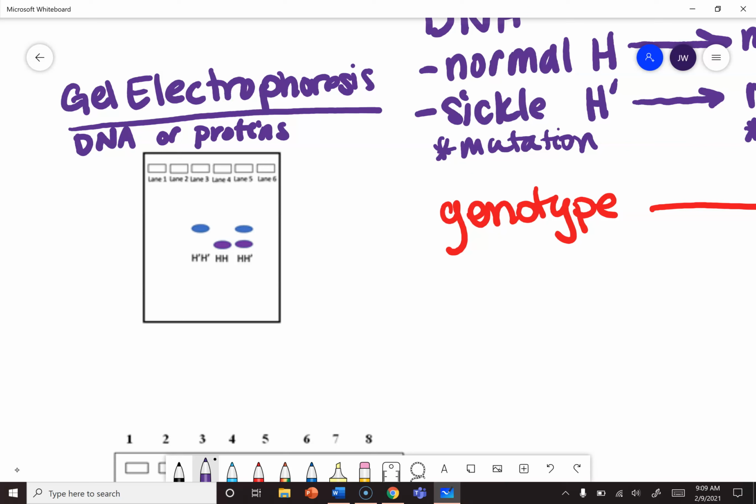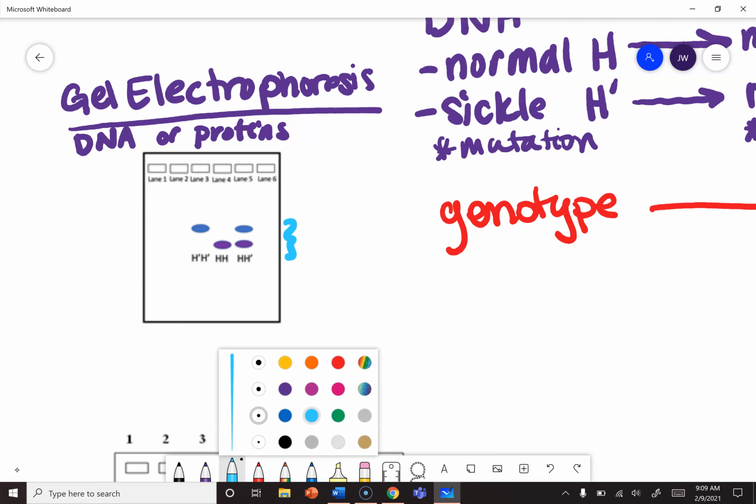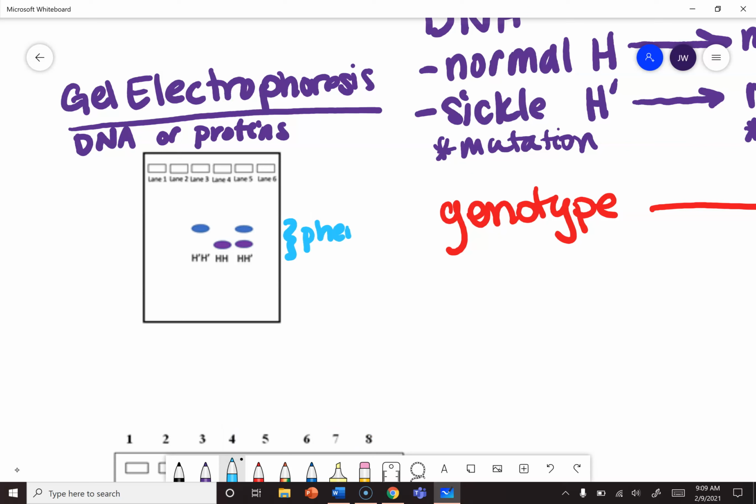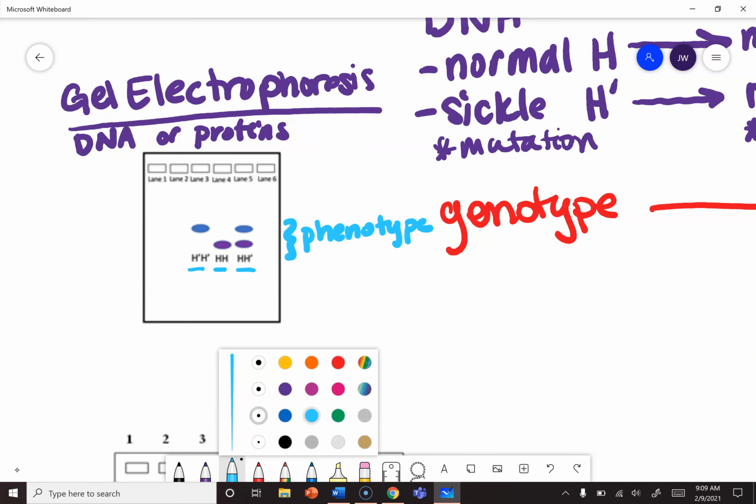But I wanted to show you, and this picture comes from your lab, we can actually see our phenotype here. All right, so if you look here, we've got our alleles. Remember our notations for the alleles that we have in our DNA.